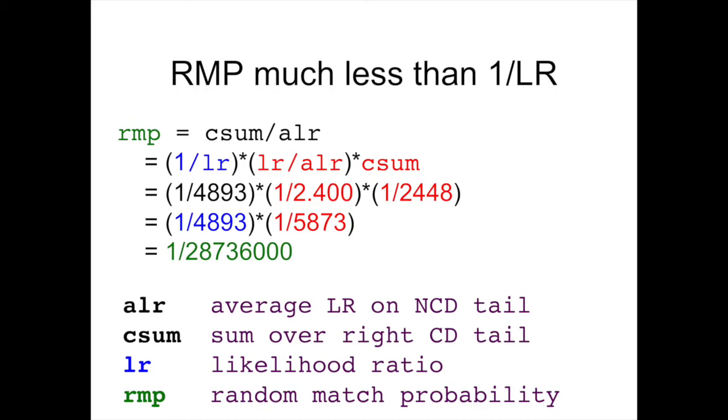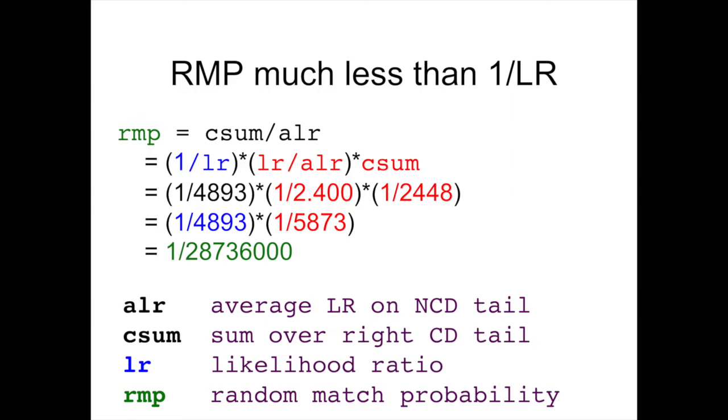But starting from the top left, the random match probability is equal to the cumulative sum over the right tail of the contributor distribution divided by ALR, the average LR of the non-contributor tail. It's just a fact.